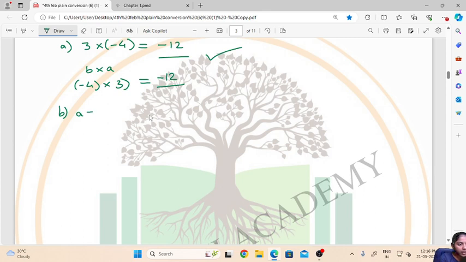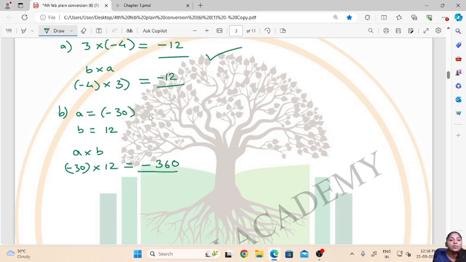We have a as minus 30 and our b is 12. So first a into b, that is minus 30 multiplied by 12. We will get the answer as minus 360.